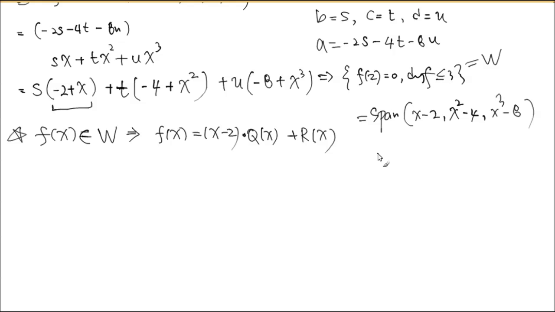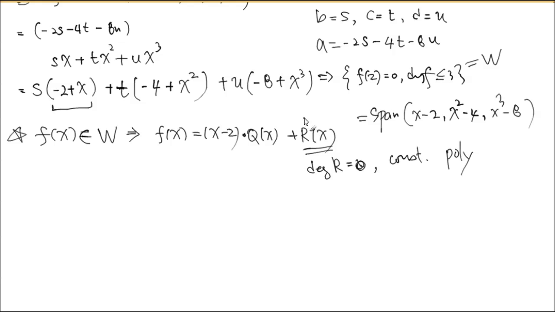Okay? What is the choice of R of x in here? It's a polynomial of degree less than that of x minus 2. What is the degree of R here? It's 0. What kind of polynomial has degree 0? Constant polynomial, correct?